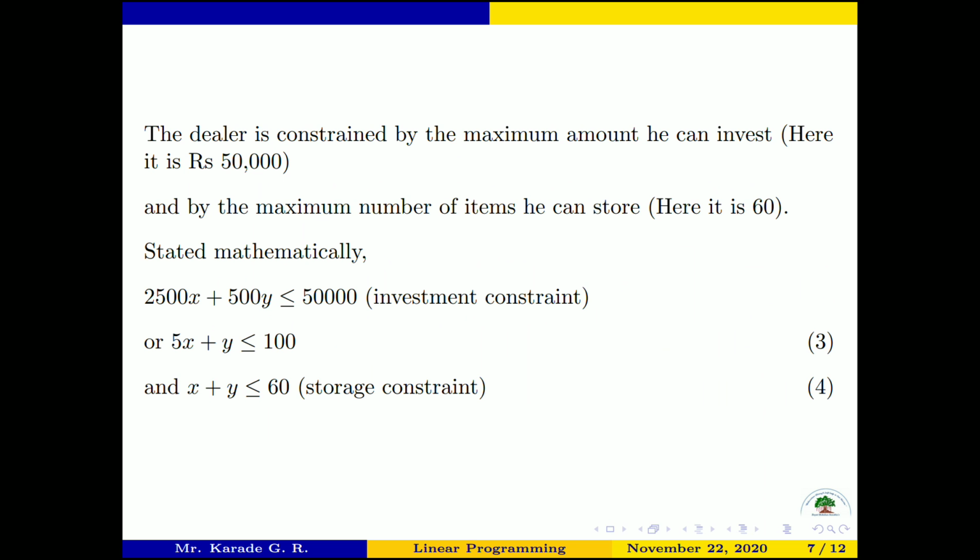So x plus y must be less than or equal to 60. So these are our third and fourth conditions.